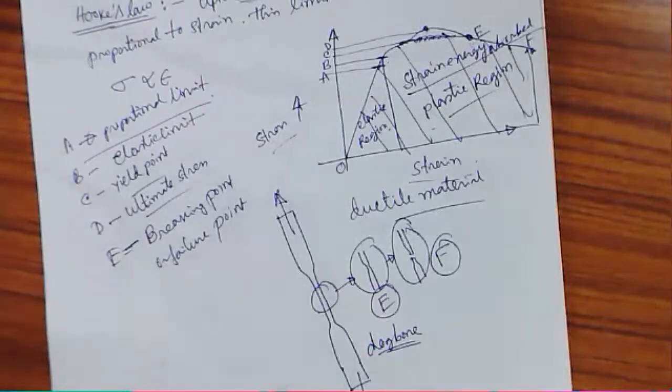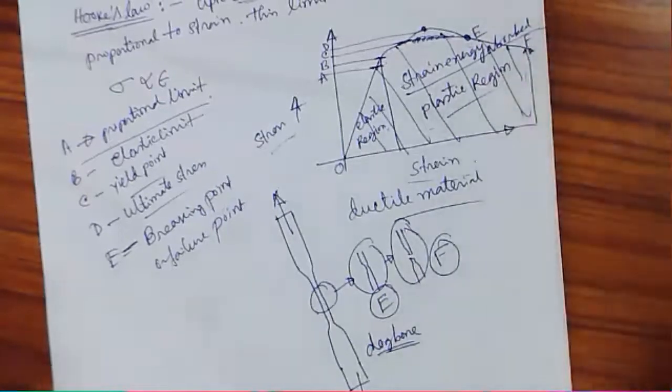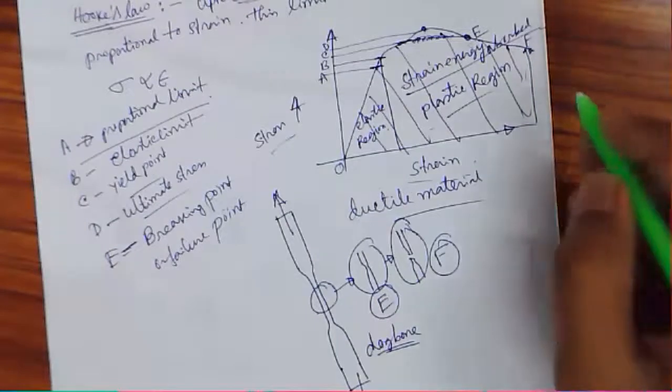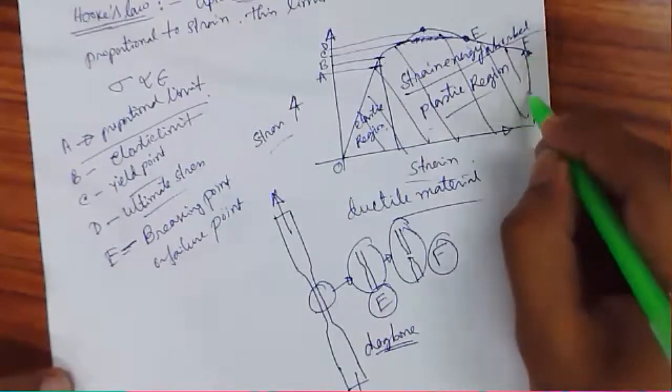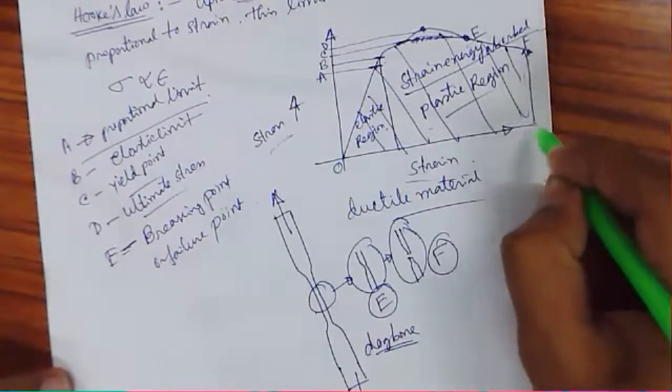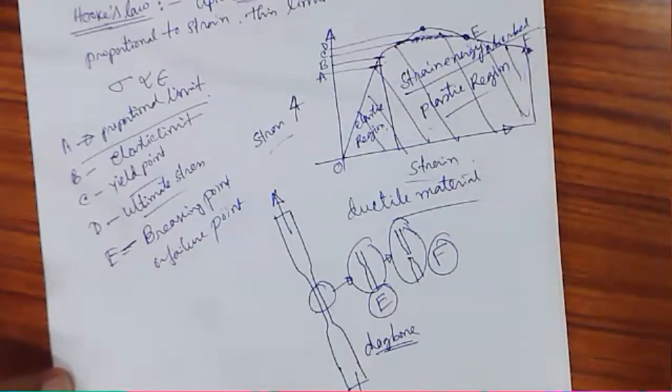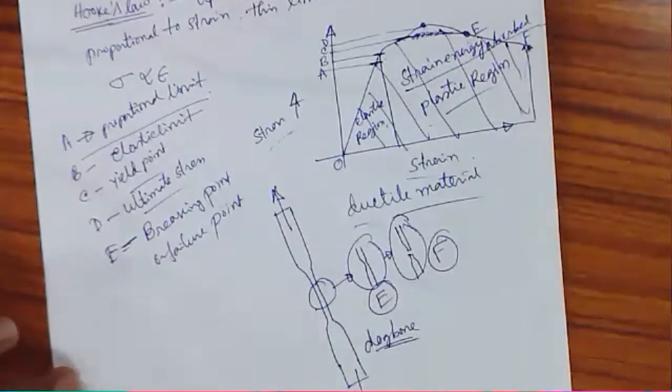We are applying some force, we are putting in some effort. That effort is work being done. That work done is stored as strain energy inside the object. When the material breaks, it cannot absorb more energy. That's why the area is constrained by the perpendicular here. Okay, now this is for ductile material.